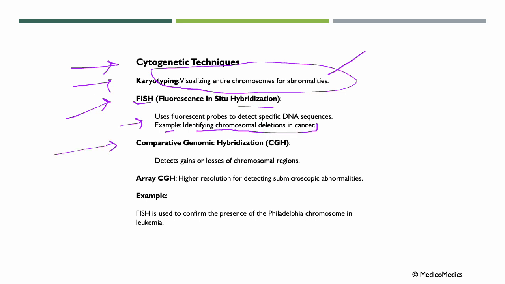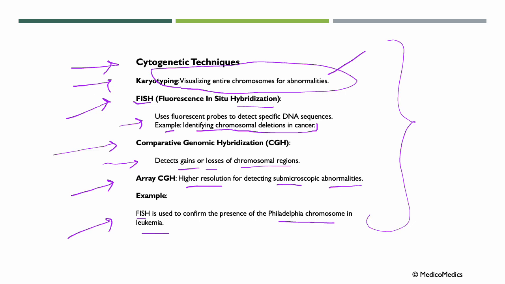We have comparative genomic hybridization, detecting gains or losses of chromosomal regions. We have arrays, so higher resolution for detecting submicroscopic abnormalities. So, for example, FISH is used to confirm the presence of the Philadelphia chromosome in leukemia. So cytogenetic techniques are advanced microscopes, essentially, that help scientists to see changes more clearly.